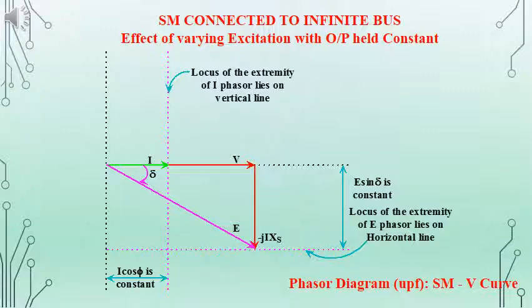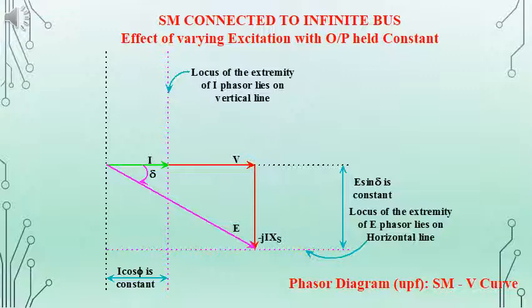We will consider the effect of varying excitation, keeping the input power, that is V I cos phi, and the output mechanical power from synchronous motor, that is EV sin delta divided by XS, to be constant. For the same, I cos phi and E sin delta will be constants.